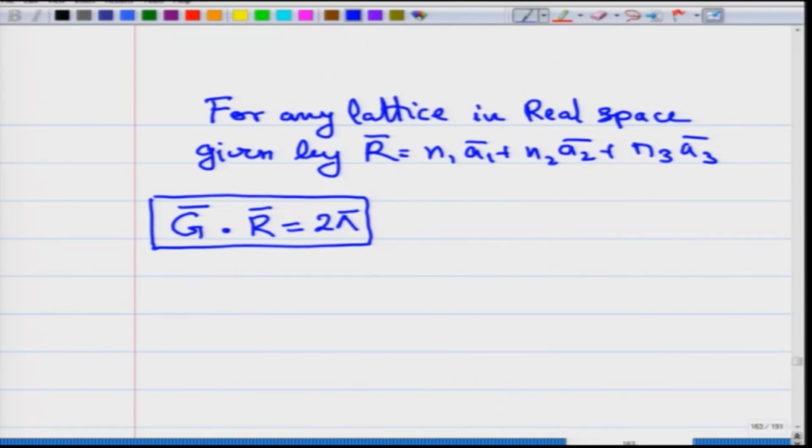And this vector g corresponds to taking the Fourier transform of the real lattice. So, corresponding to any lattice in real space, given a crystalline solid, you first make a Bravais lattice using this translation vector, where you can go from any point on the lattice to any other point.